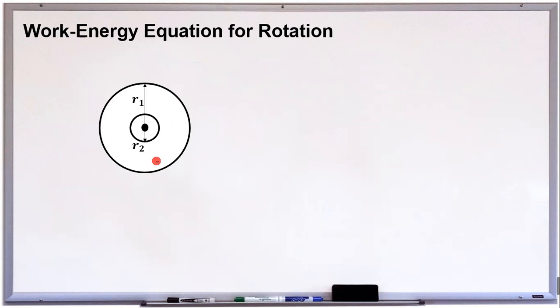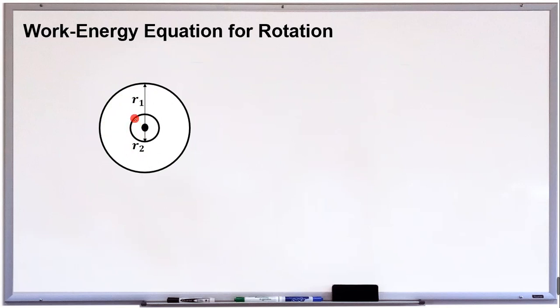Okay, we're going to apply the work energy equation for rotation. We'll consider this circular object with outer radius r1 and inner radius r2.